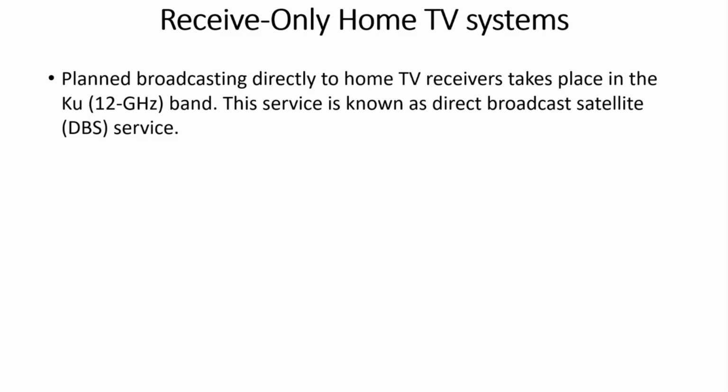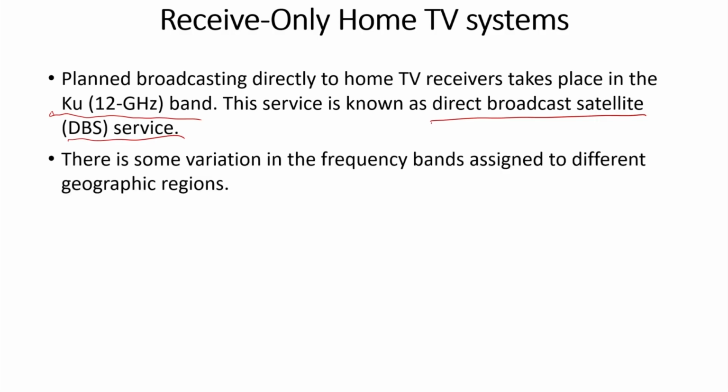These are planned for broadcasting directly to home receivers, which takes place in the Ku band. Going to a higher frequency band like the Ku band means my antenna size will be smaller, because the higher the frequency, the lower the wavelength. This is known as the direct broadcast satellite service, when it is taken directly to the home.